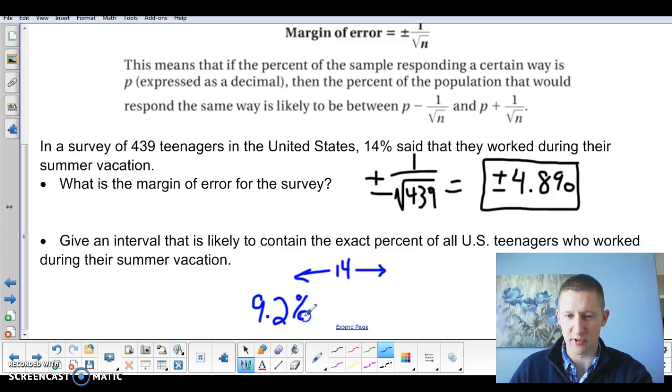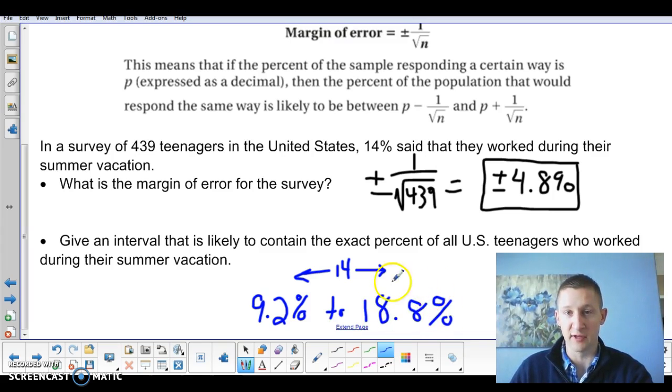So we're going to have at least 9.2% of teenagers working during the summer vacation, all the way up to, if I add, 18.8%. So we can pretty confidently say that if we were to poll all of the teenagers in the United States, the number that worked during their summer vacation would be somewhere between 9.2 and 18.8%.